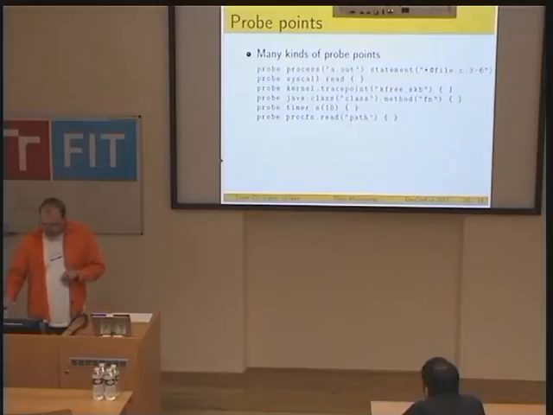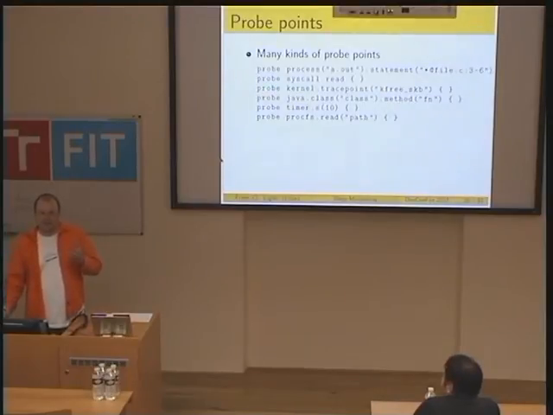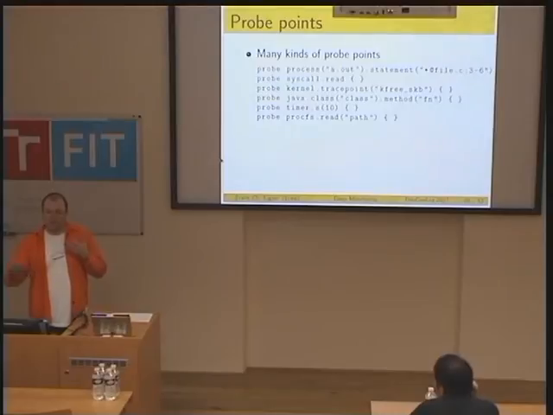The first element is to identify points where we want to extract information. These points can be anything from parts of the source code of any software that you have access to, to any sort of event source in the kernel. It can be interfaces to auxiliary user space programs, so that a Systemtap program can talk interactively to a user or to another program.